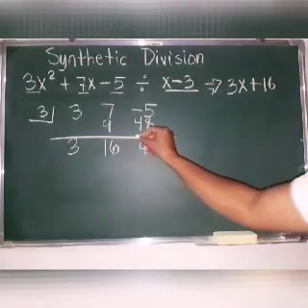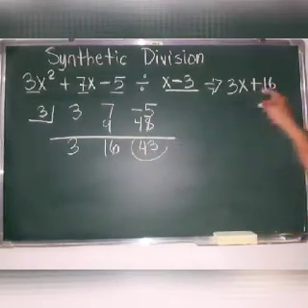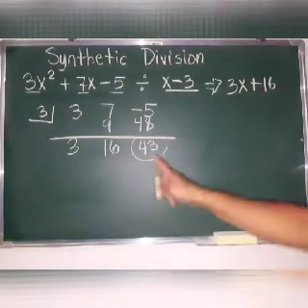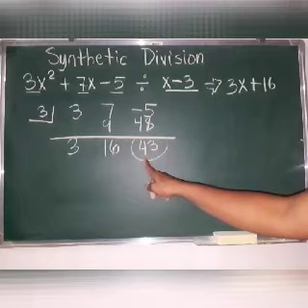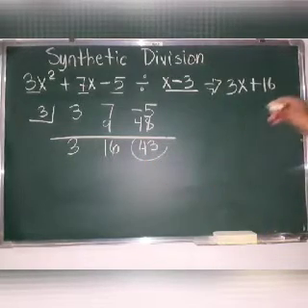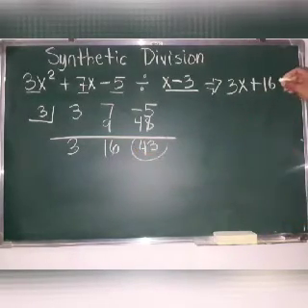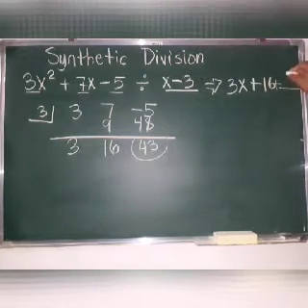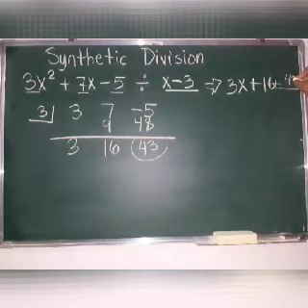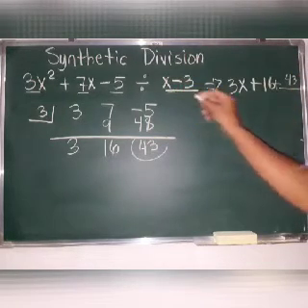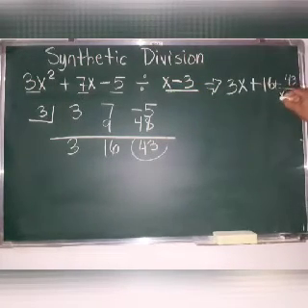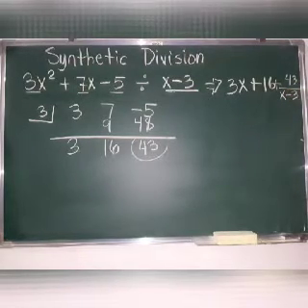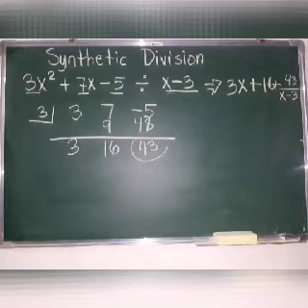Okay, so the last number, since ito ang constant na natin, walang variable, then ito ay ang ating remainder. So, since positive sign siya, so positive din tayo. And then, we have 43 all over ang ating divisor, which is x minus 3. Okay. So, yan ang ating sagot.